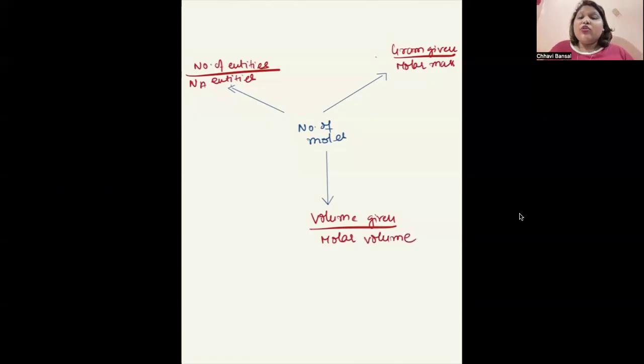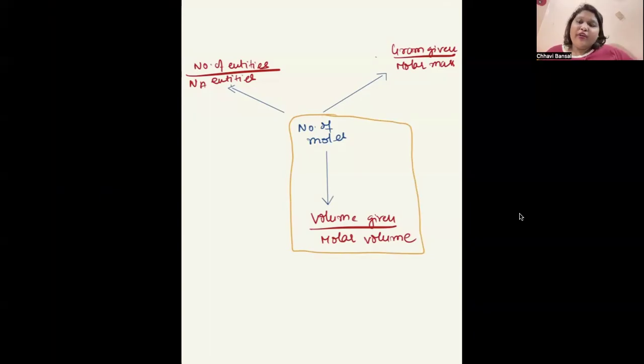Okay. Now the question can come. So there can be different circles. This is one type of question where you are supposed to find the number of moles if the volume is given, or you have to find out the volume if the number of moles is given. It can be the other way also.